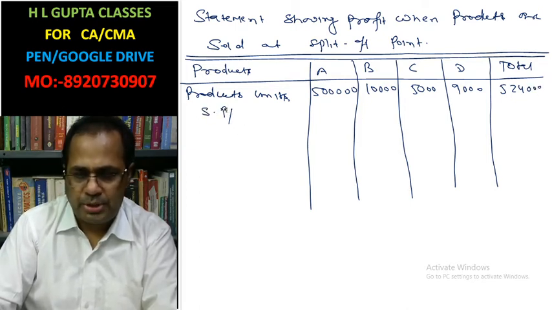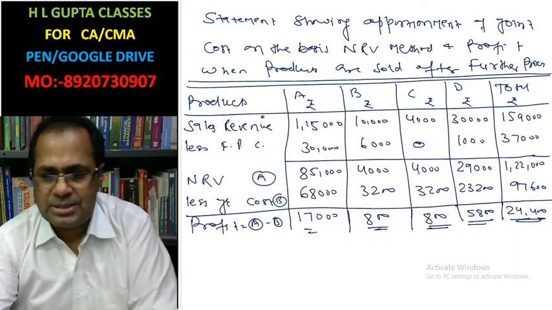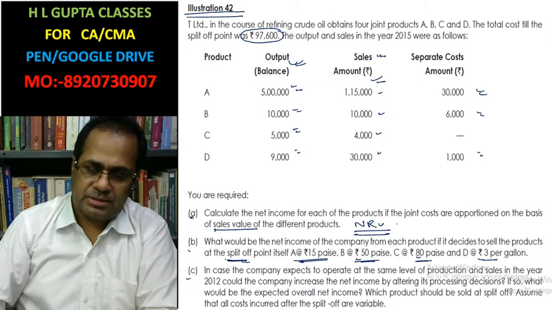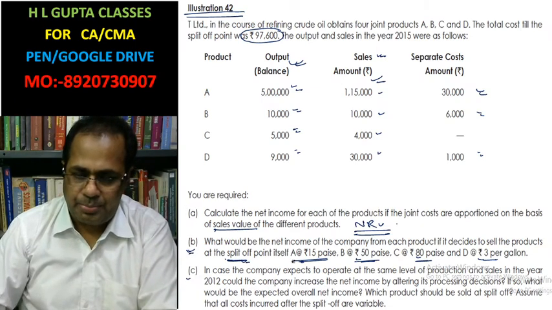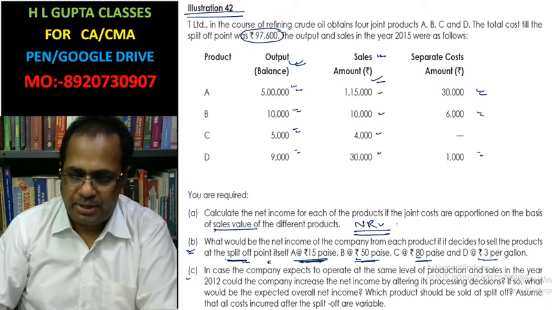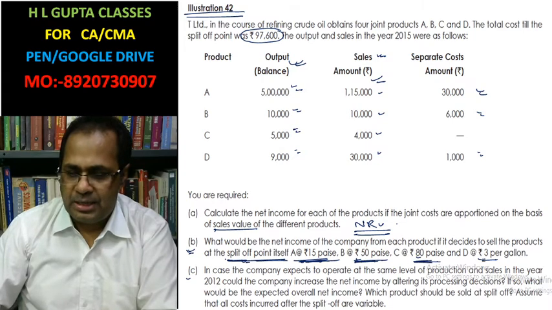Selling price per unit. Look at what is the selling price per unit in this case. I am going to do question part B here. Part B, split-off point sale: 15 paisa, 50 paisa, 80 paisa, rupees 3.